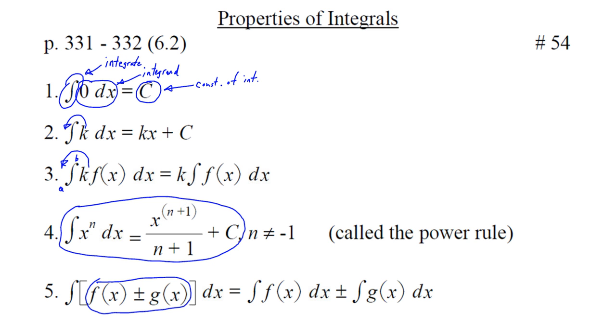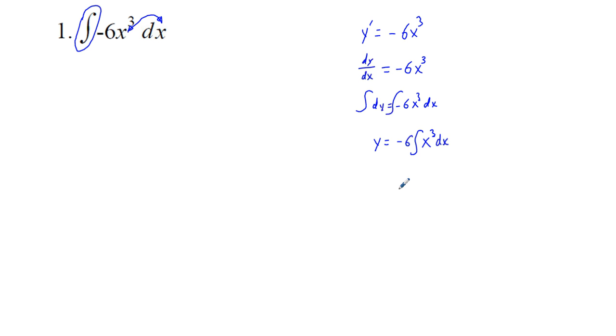So going back here to problem 1, we're going to have y equals -6, and we're going to have x to the 3 plus 1, n plus 1, so that'll be 4, and then we're going to divide by 4, and the moment we integrate on one side, we have a constant of integration, plus c.